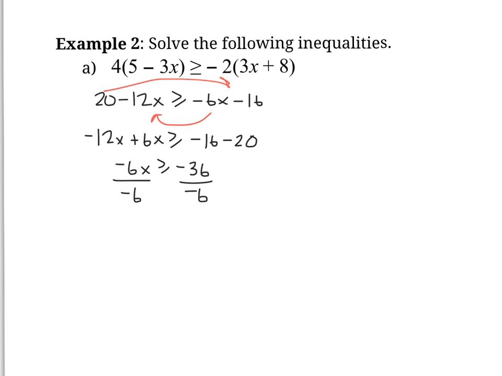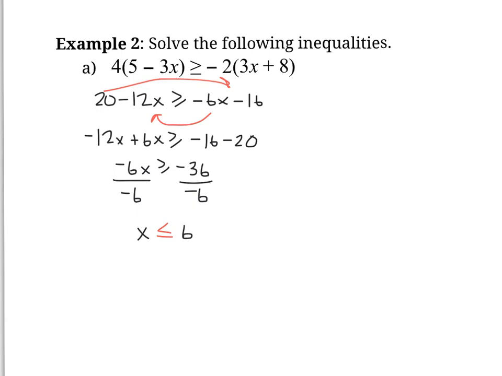Do you remember what we need to do now? From our first example that we did, we know when we divide by negative numbers, this is not true anymore. The opposite is true. And so if we do this, do not forget on the next step to change that sign from a greater than sign to a less than sign. So we have x is less than or equal to positive 6.